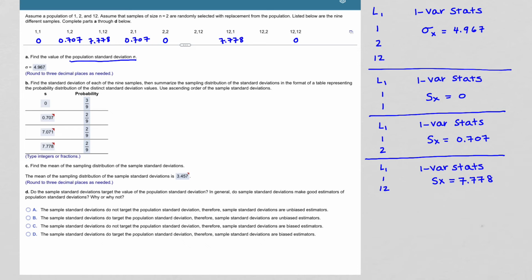And now I just really have one more sample to do, which is 2 and 12. And when I run one variable stats, my sample standard deviation is 7.071.